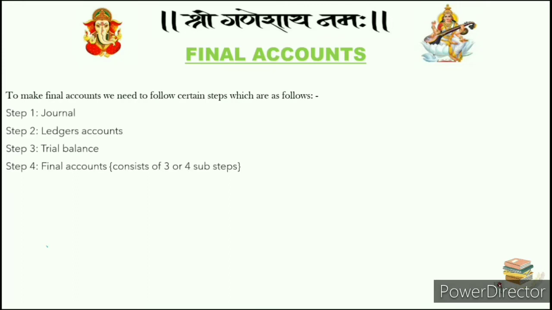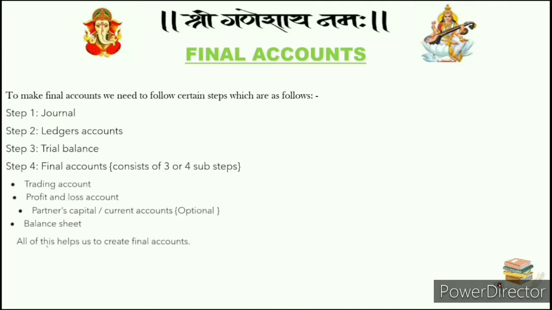First step is journal entries. We need to pass journal entries. Then from the journal entries we need to create ledger accounts. With the help of ledger accounts, trial balance is created. Using trial balance, we can create final accounts which consist of 3 or 4 sub-steps.